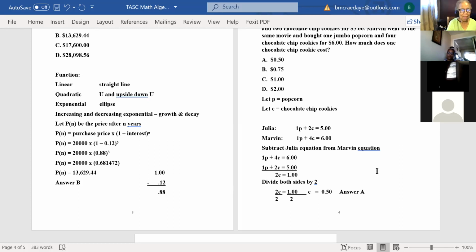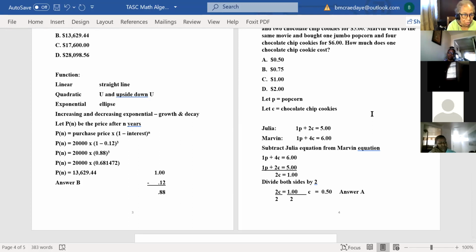So when you have two equations and two unknowns, look at ways you can solve it easier. Now, there's a way you could have solved it. You could have set 1p equal to $5 minus 2c and then substituted it in here. That would have given you the same answer, with more steps. But look at ways you can eliminate a variable.